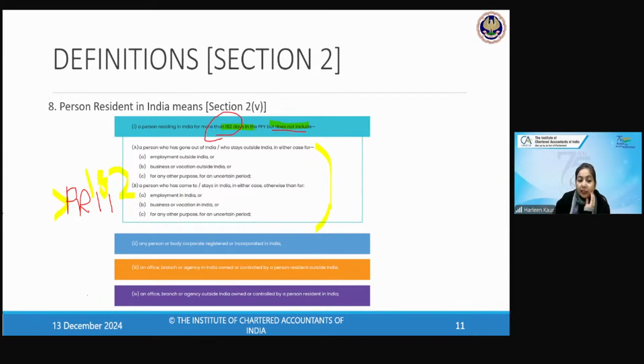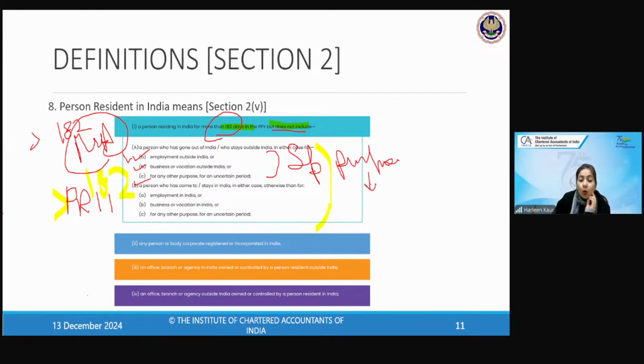But it does not include a person who has gone outside India in either of the cases. So if there is Mr. A who is a person resident in India, when does he become a person resident in India? If he has stayed in India for more than 182 days. Understand, ma'am? But if Mr. A goes out for employment outside India, or for business outside India, or for any other purpose for an uncertain period, so we say these are the three specified purposes.